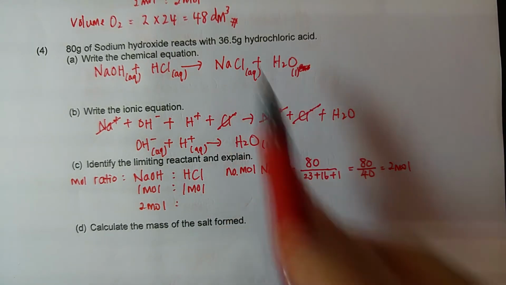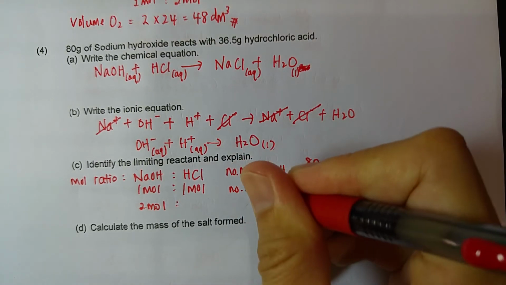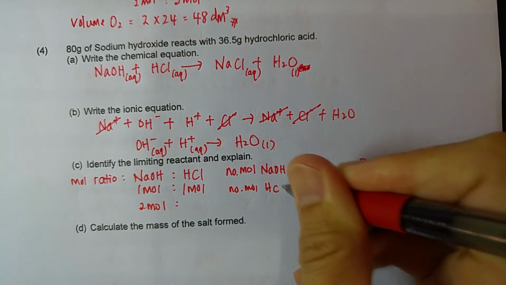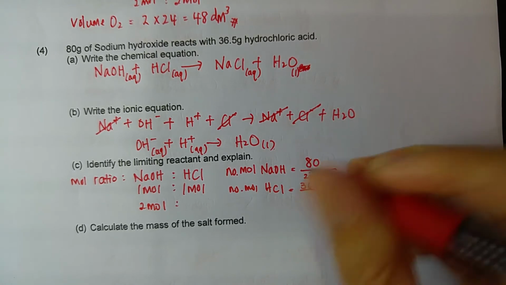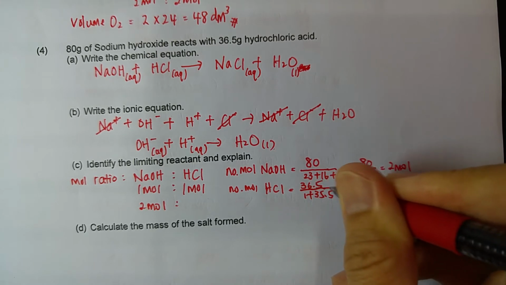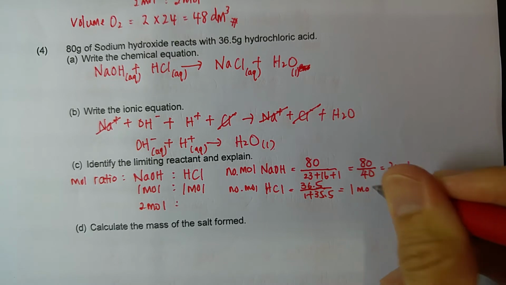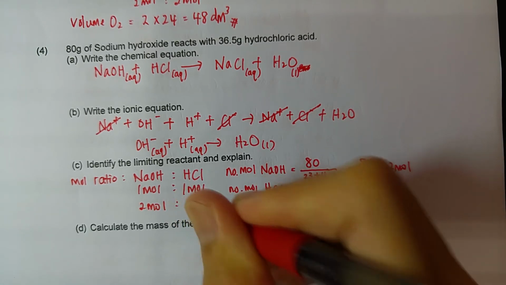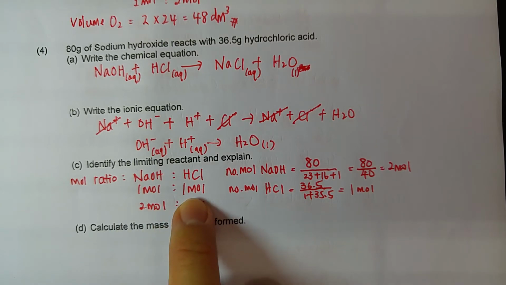Then how about 36.5 gram of hydrochloric acid? The number of mole of HCl would be the mass, 36.5, divided by the Mr for HCl, which is 1 plus 35.5, which is 1 mole. So you just compare.